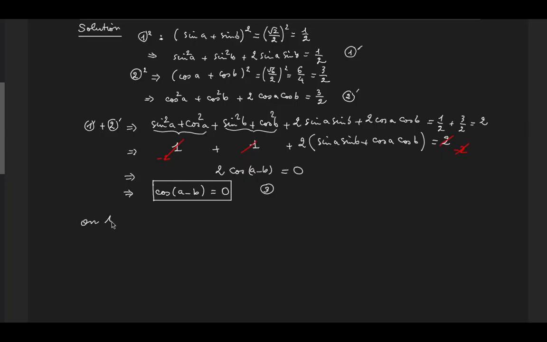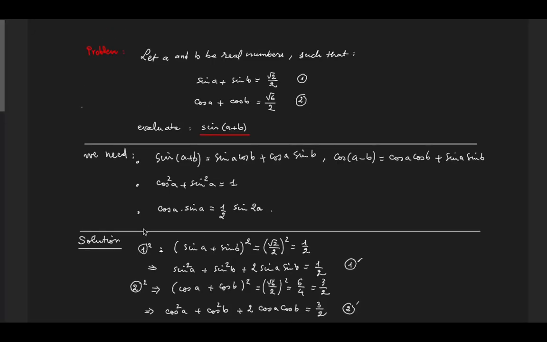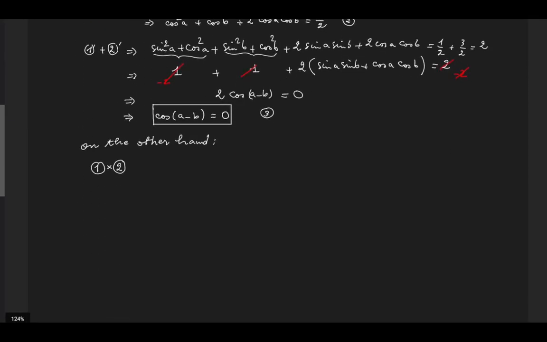On the other hand, if we take 1 and 2, the first two identities, and multiply them, multiplying left-hand side by left-hand side and right-hand side by right-hand side, we get sine a plus sine b times cosine a plus cosine b.